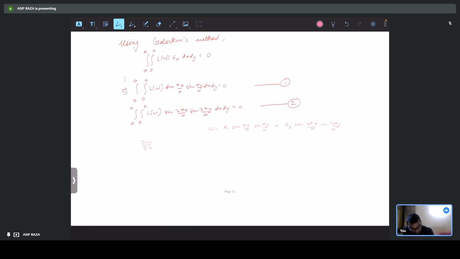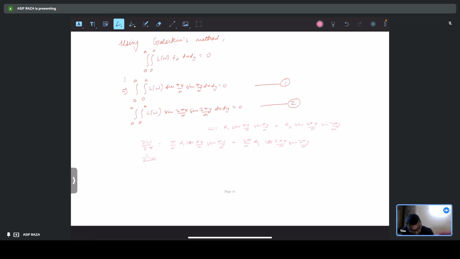Del W by del x would be equal to pi by a times a1 cos pi x by a sin pi y by a plus 2 pi by a times a2 cos 2 pi x by a sin 2 pi y by a.